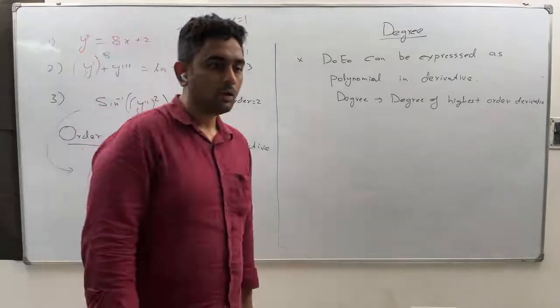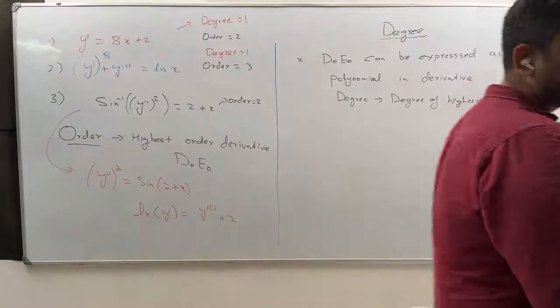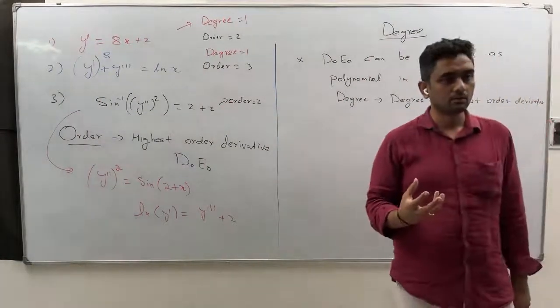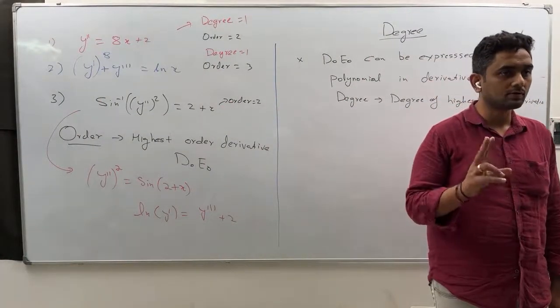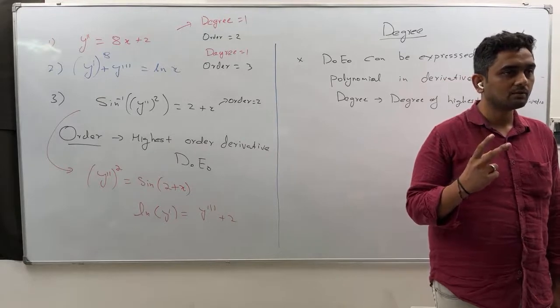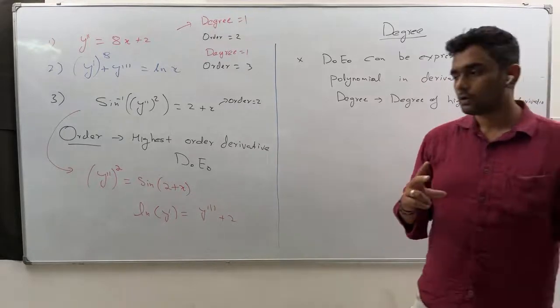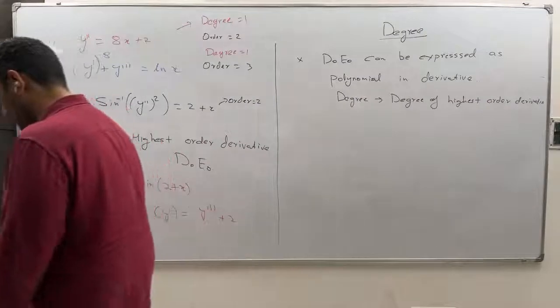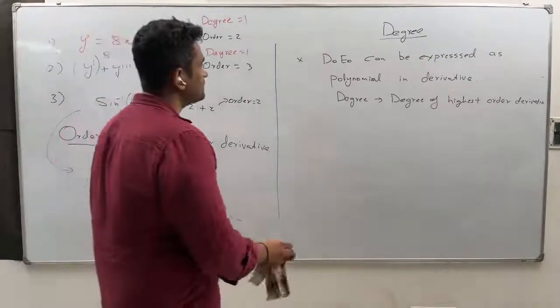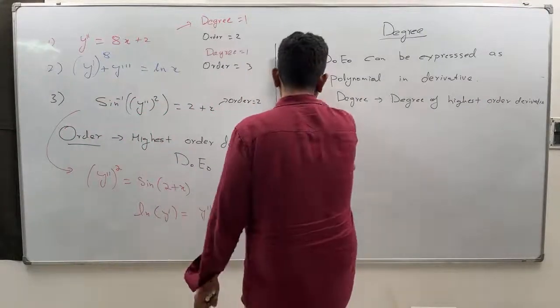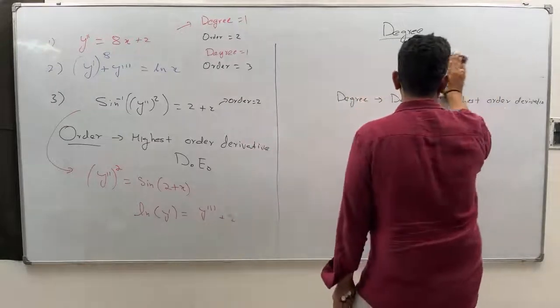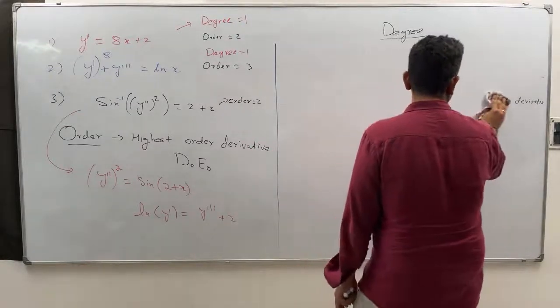Okay. Now we have talked that the essential parts of differential equation are two things: forming and solving. Now, whenever we are forming a differential equation, you just have to be careful of one thing. What is that one thing?